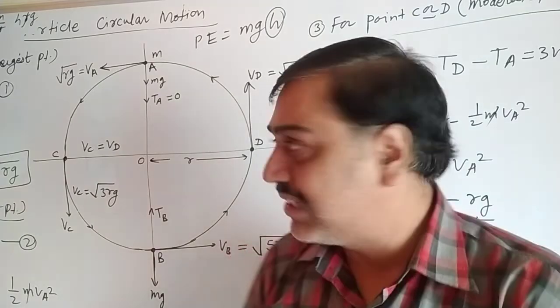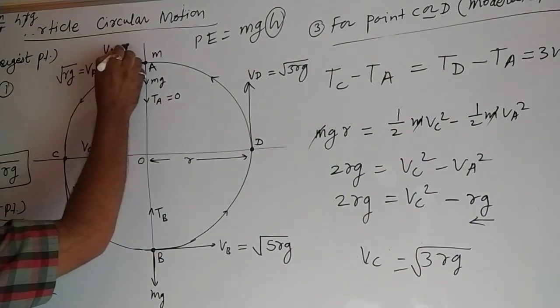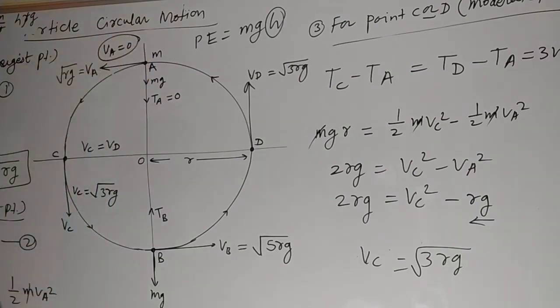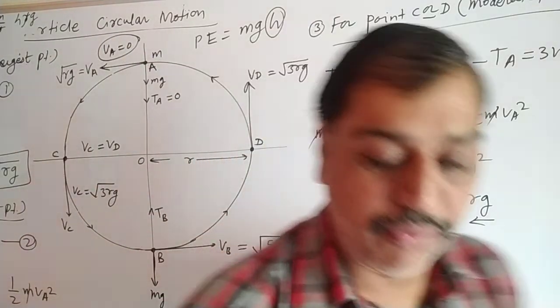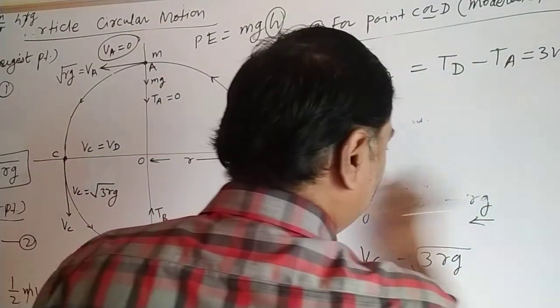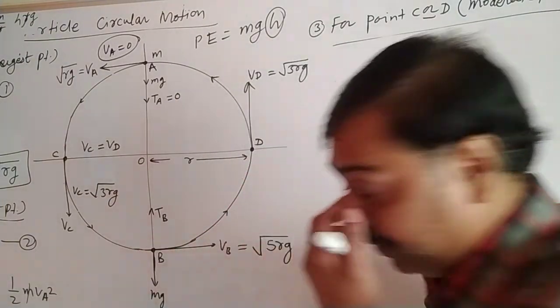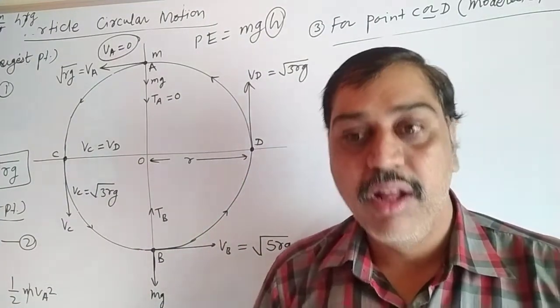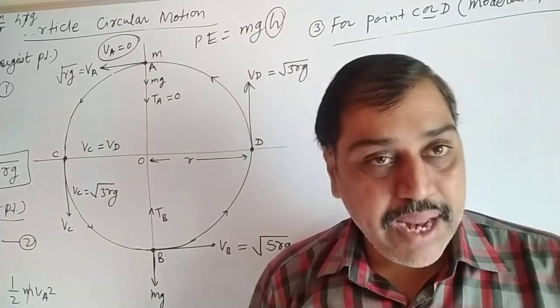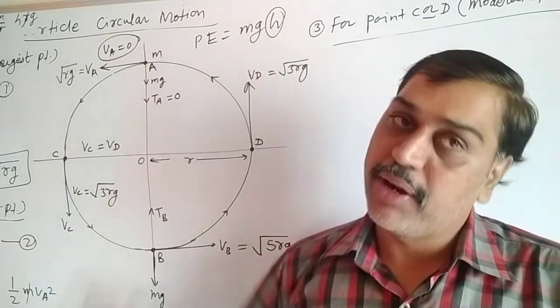If that velocity is 0, meaning VA equals 0 for rod. If VA equals 0 for rod, what should be the remaining things that get changed? That we have to see here. If we replace the string by the rod, the highest point velocity may be 0, since it doesn't have tension.